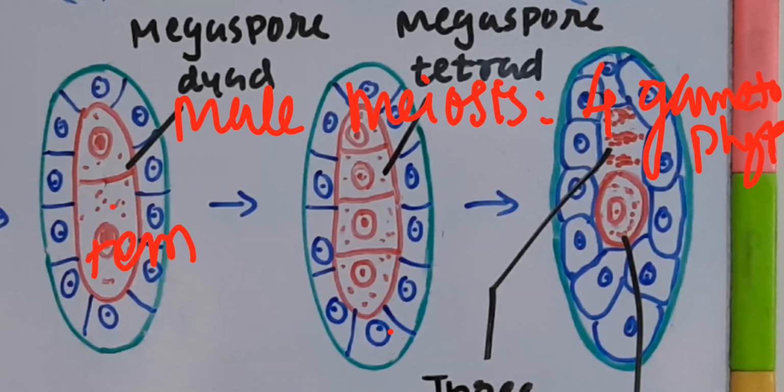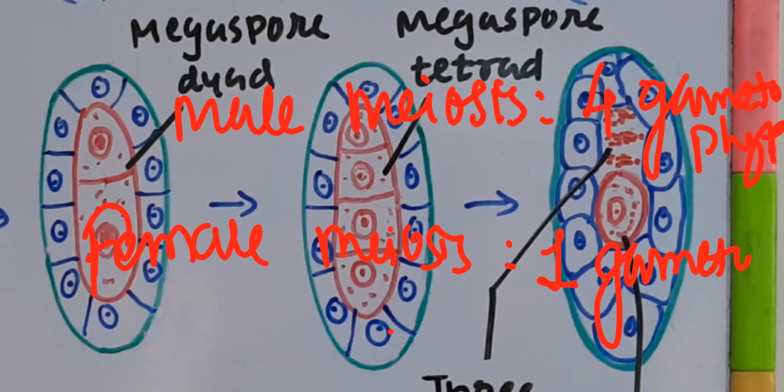In case of female, the meiosis results in 4 cells, but out of that only one remains functional, so that leads to only one gametophyte development. So always remember this fact. Write it down somewhere.